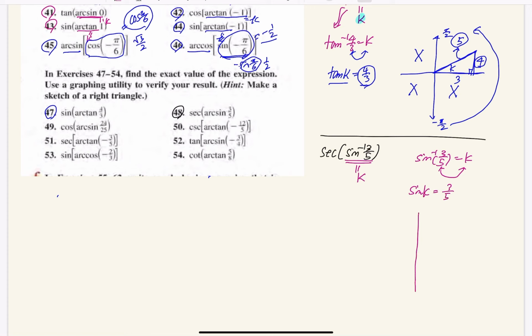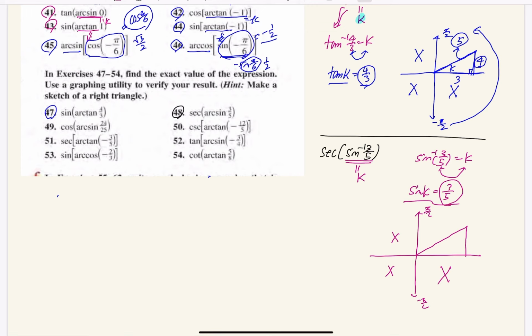All right, let's make a right triangle in the right quadrant. Do not use Q2 or Q3 because this is a sine inverse question. K, the angle, should be between negative pi over 2 and pi over 2. Yes, but sine is positive in this equation, right? So we need to choose the first quadrant, not Q4, because in Q4, sine is negative.